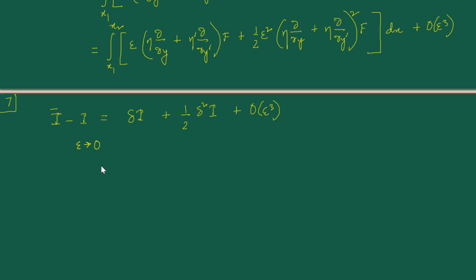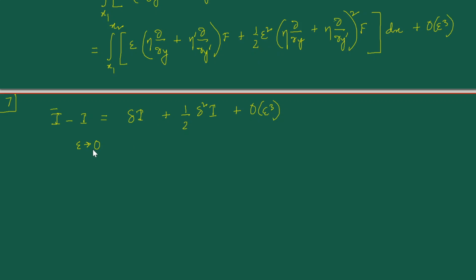So epsilon is very small, which means that this term delta I, which depends on the first power of epsilon, is going to dominate over this term, which contains the dependence on epsilon square.